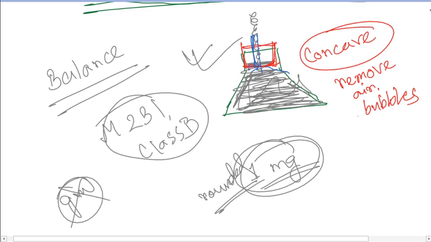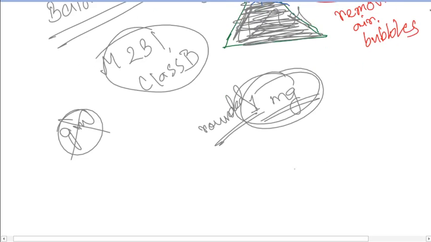The balance should be able to take the weight up to this precision, as you know.